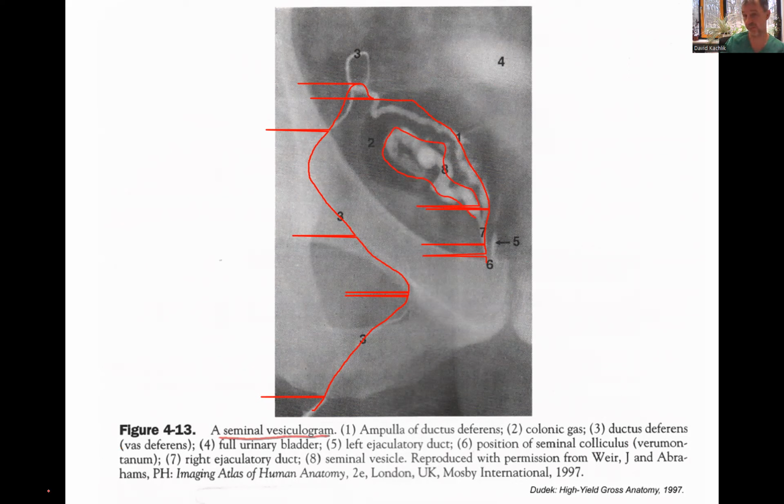So this is performed only in cases of problems with the reproduction. So to find out what is the cause of a non-fertility of a male, if it can be maybe the not opened excretory male genital tract.